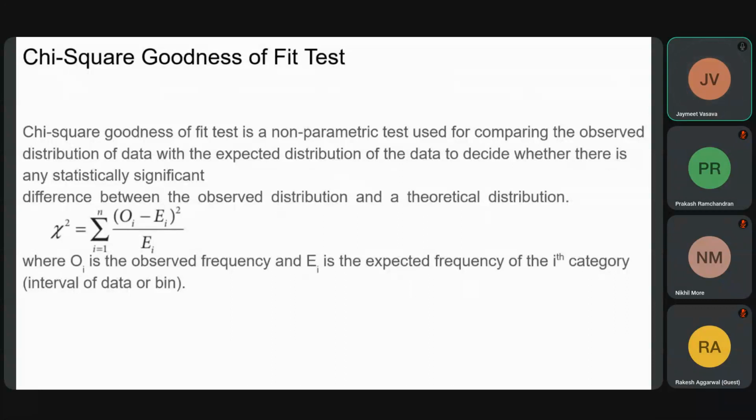Mathematically, chi-square is denoted like this, with the summation from i equals 1 to n, Oi representing the observed frequency, Ei representing the expected frequency, whole square divided by Ei.